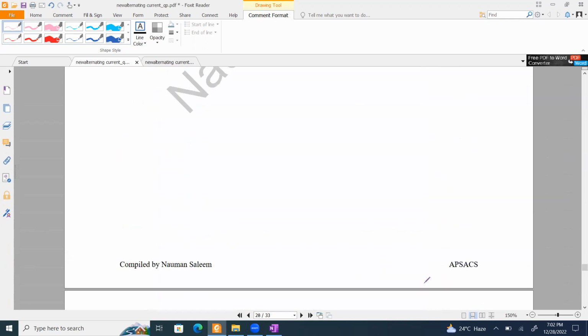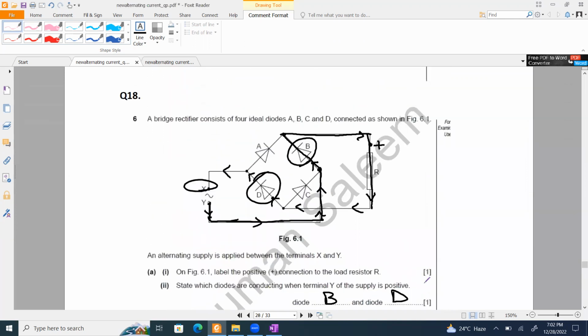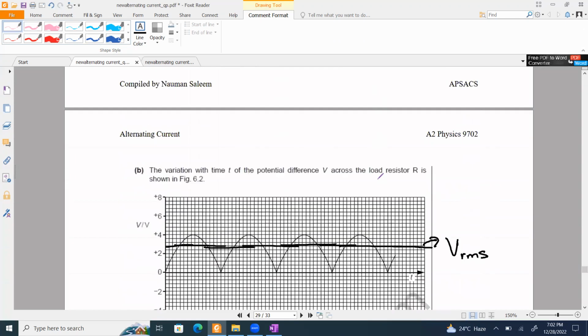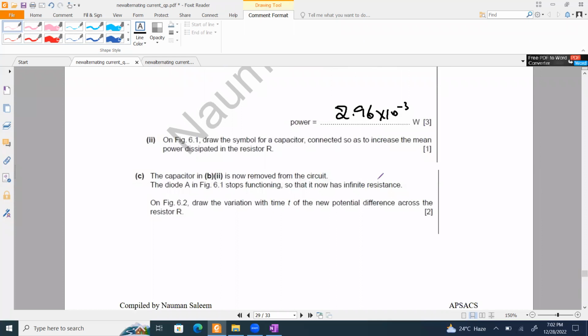And that is performed by connecting a capacitor in parallel combination, isn't it? This goes for smoothing, and smoothing is a process of increasing the mean power. Anyways, so we have done part B two as well.